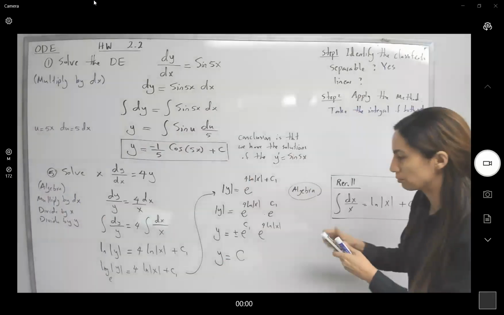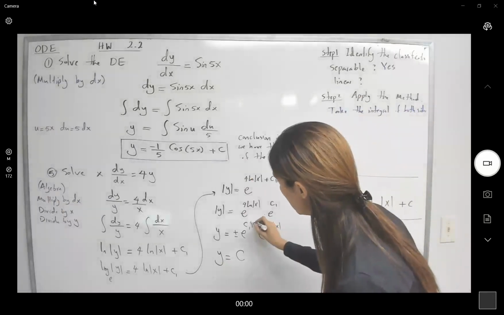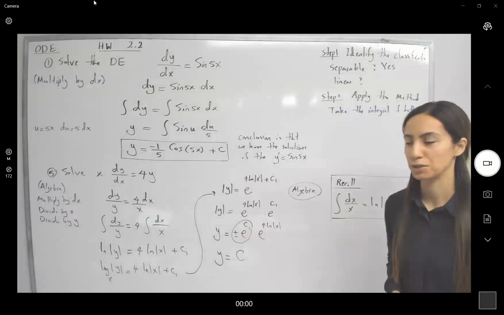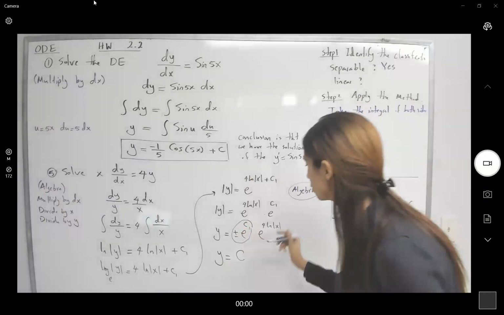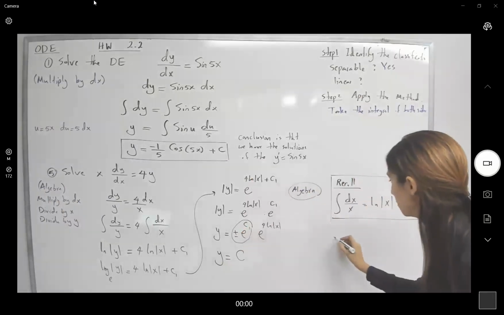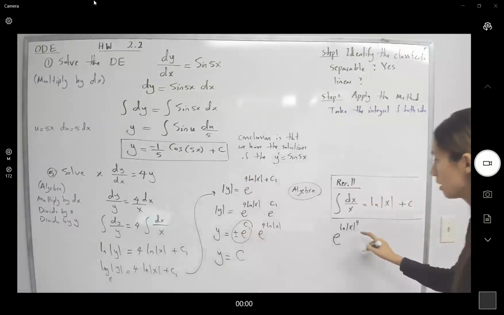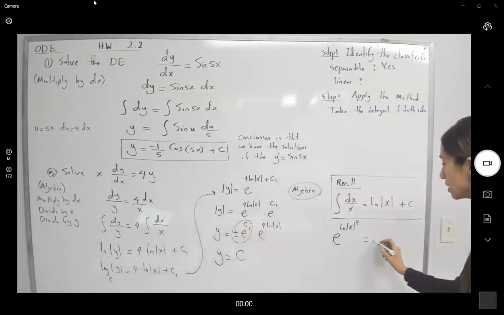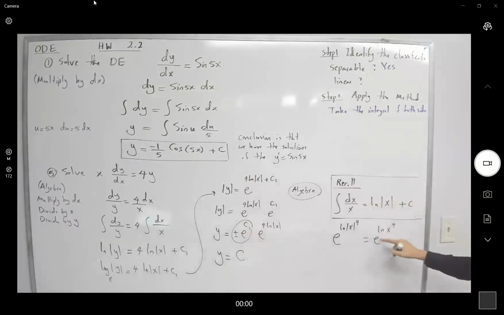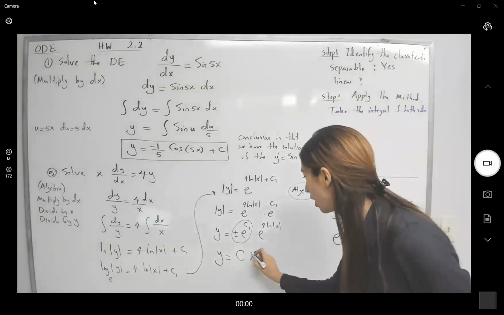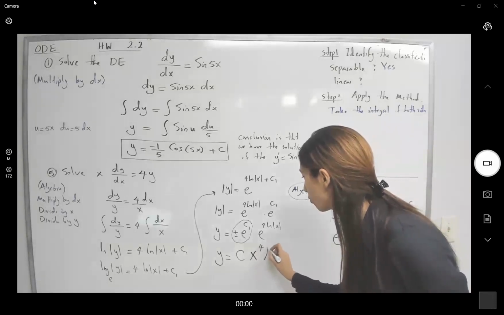Instead of using plus minus, writing this constant in this form, let's just rename it. And here you get e to ln of absolute value of x to the power 4, which is e to ln of x to the 4. ln and e cancel out each other. You get x to the 4th back. So here you have c times x to the 4th.